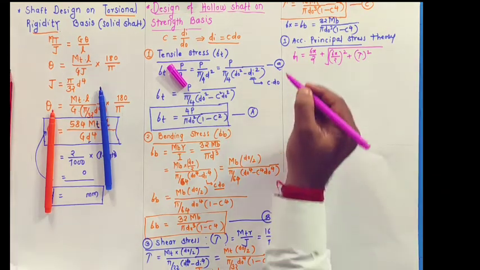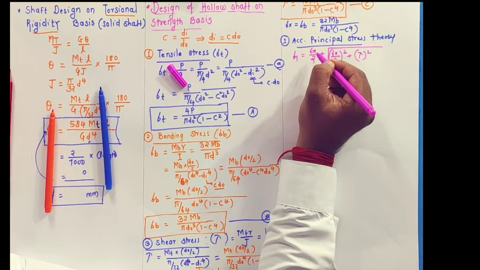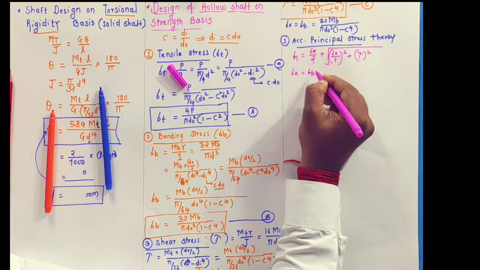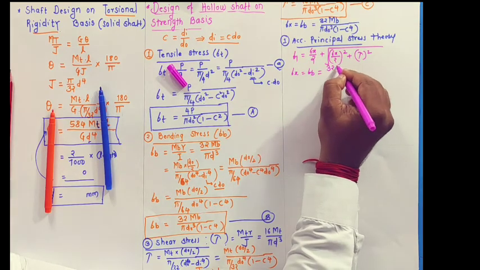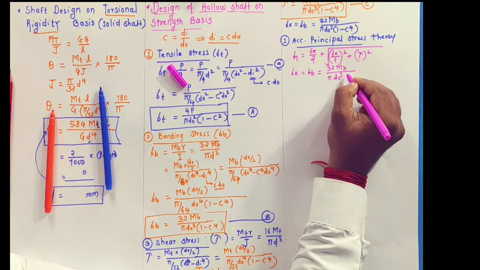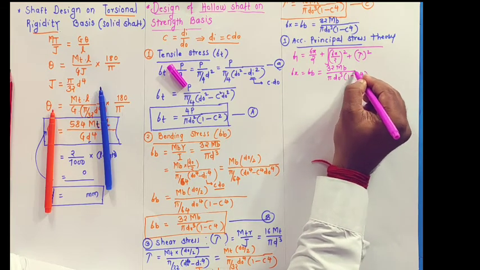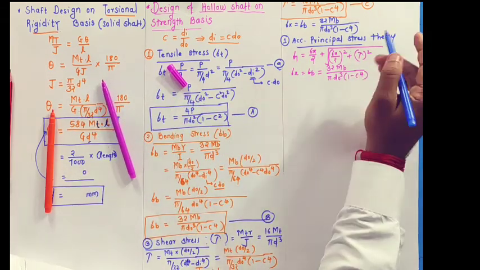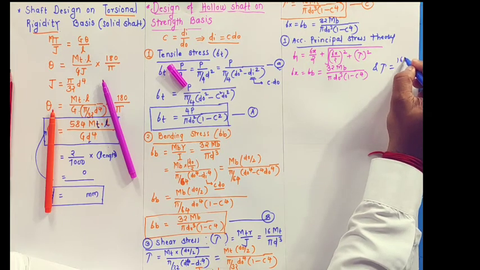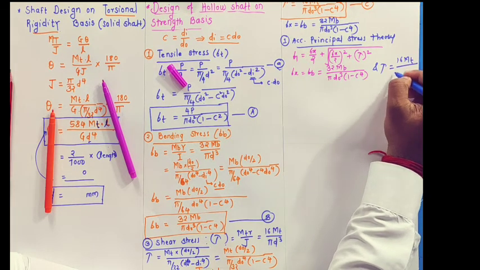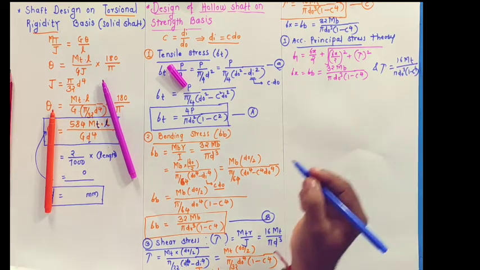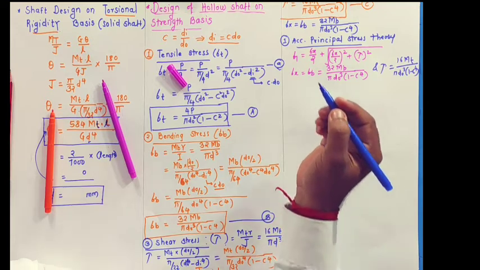Now here I will have to put the value of sigma b. As we know, sigma x is equal to sigma b, that is 32 Mb by pi dO cube into 1 minus C raised to 4, and the value of tau is equal to 16 Mt by pi dO cube into 1 minus C raised to 4. So these two values I will have to put here.